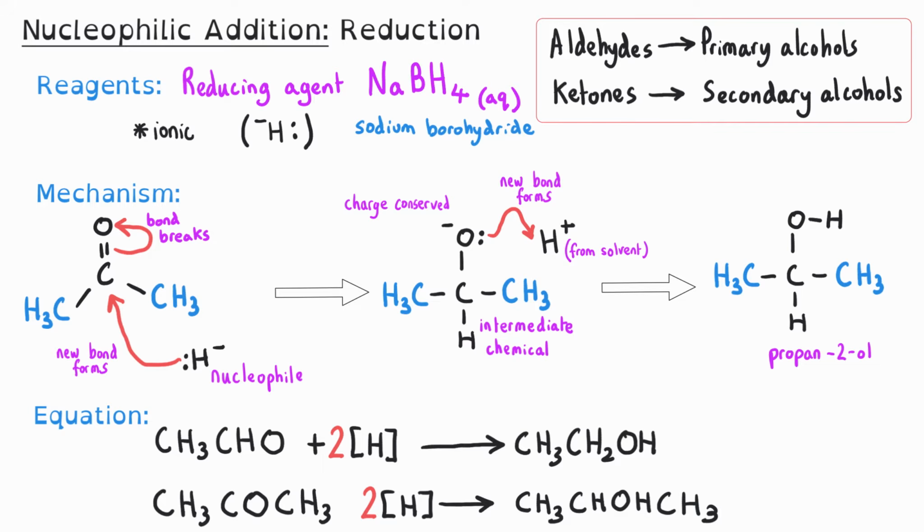We've got the structural formula of propanone, we've got propan-2-ol, and we're going to be needing to once again add 2 hydrogen from our reducing agent. That is always the case in nucleophilic addition. For reduction, we need to add 2 hydrogens from the reducing agent to turn our carbonyl compound into an alcohol.